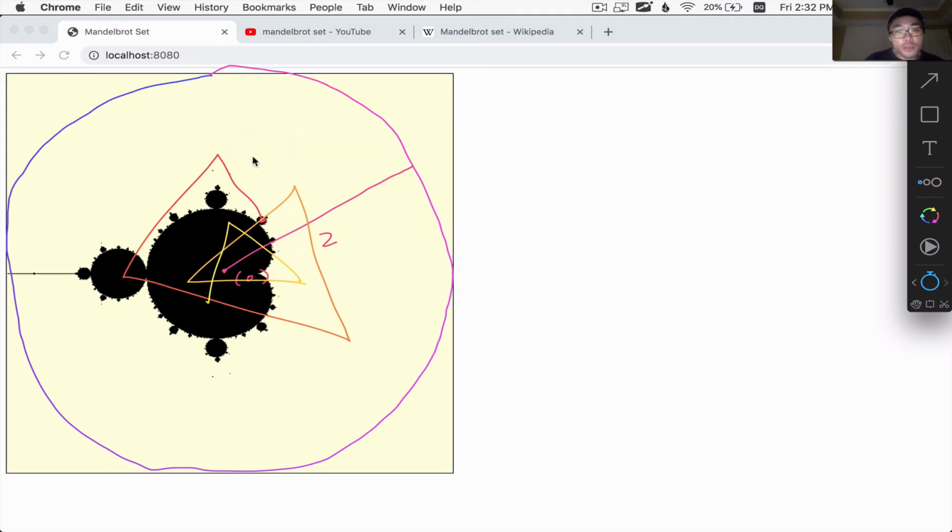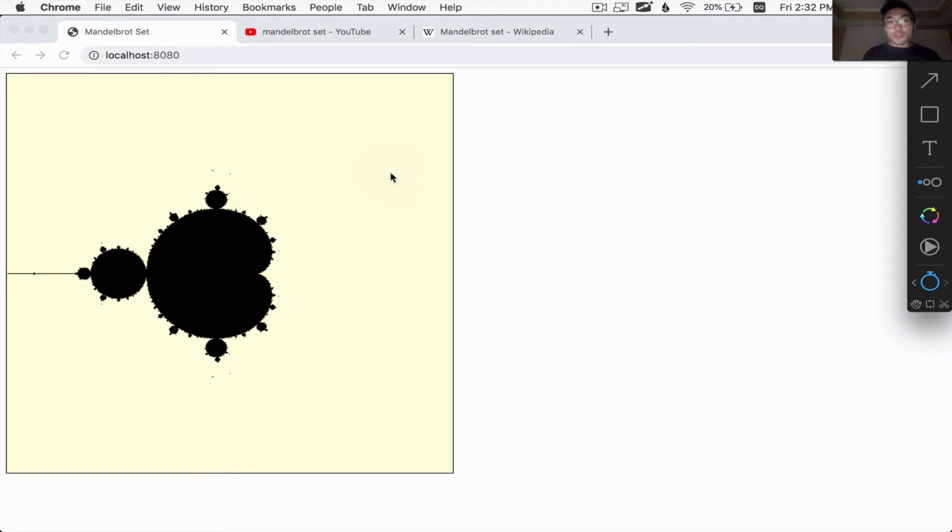But the moment a point goes outside of this circle, we've proven that it will eventually approach infinity once it expands outside of this circle. So that's a rule we can use in generating this graph to save ourselves some computation. Okay, so that's how that works.